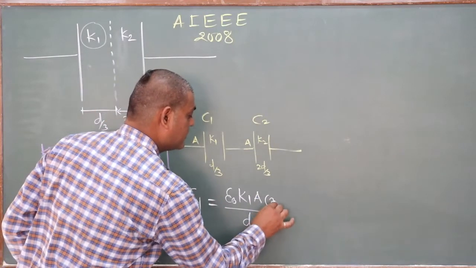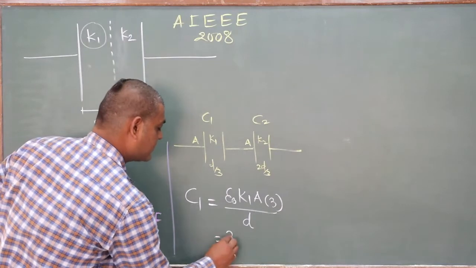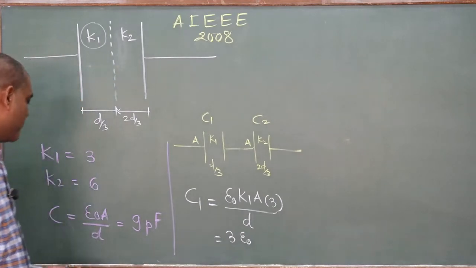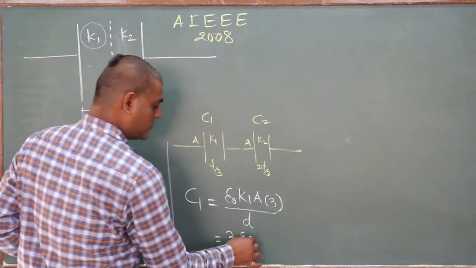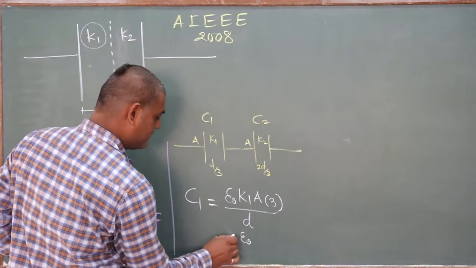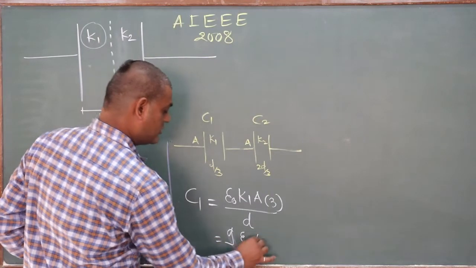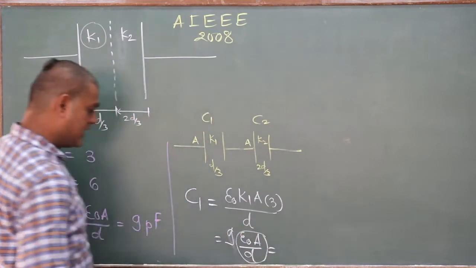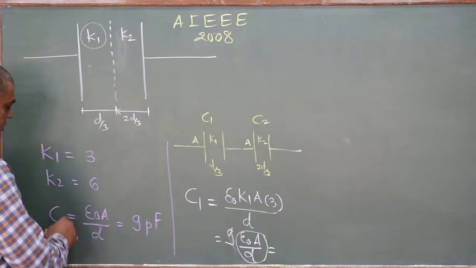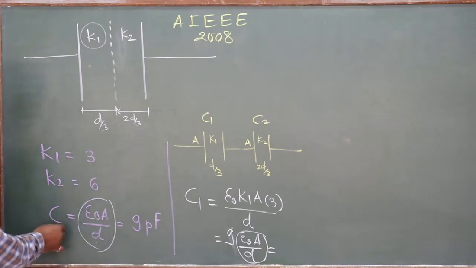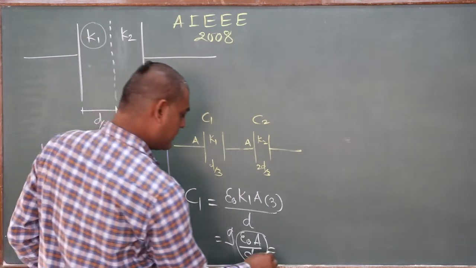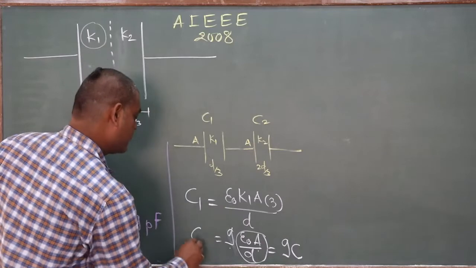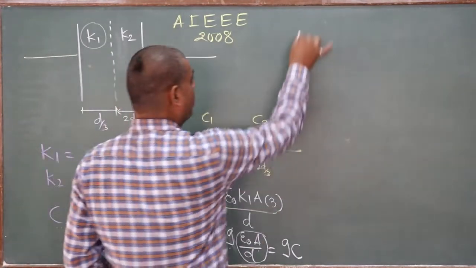So finally 3 epsilon 0, instead of K1 we write K1 equal to 3. 3 3s are 9. 9 epsilon 0 A by D. But epsilon 0 A by D we can write as C. So 9 remains as it is, and instead of this we write 9C. So C1 equal to 9C.